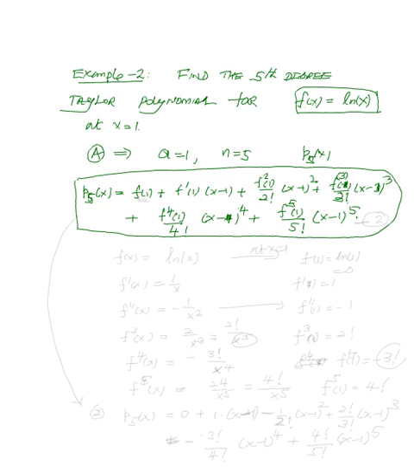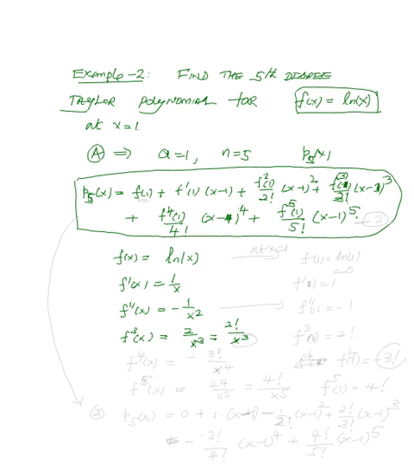Now the only thing we have to do is find the derivatives of the function. So let's say we know f of x is ln of x. If that is the case, f prime of x is 1 over x, and f double prime of x is, with a little bit of manipulation, negative 1 over x squared, and the third derivative of f of x is 2 over x cubed, or rather I could write that as factorial 2 over x cubed.